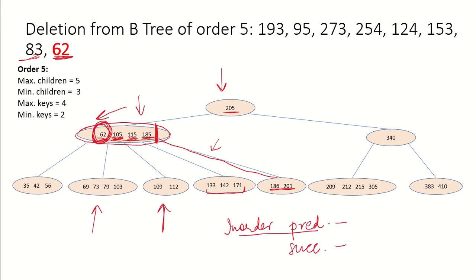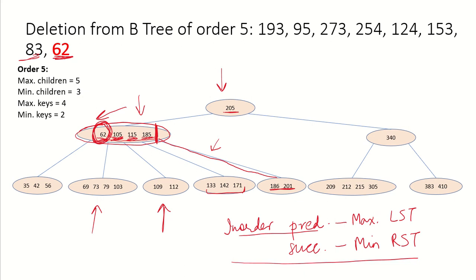And what is the in order predecessor? The in order predecessor is the maximum value in the left subtree, or the in order successor is the minimum value in the right subtree. We have discussed this earlier in another video, where we discussed how to find the in order successor.